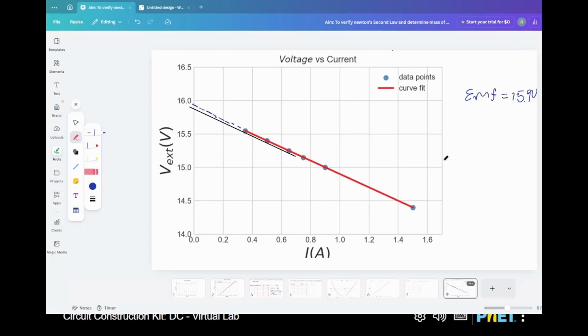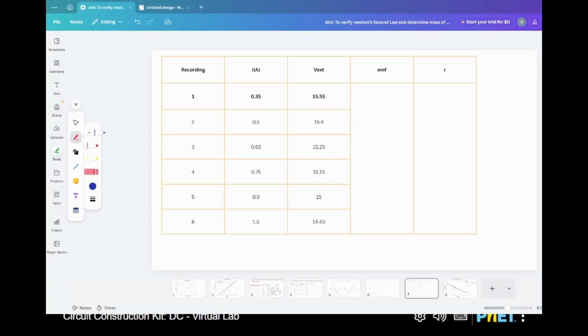In order for me to determine the internal resistance, I'll just have to calculate the gradient, and I'm going to use a table for that. I'm going to use the table values. My gradient is the change of the variable in the y-axis over the change of the variable in the x-axis.